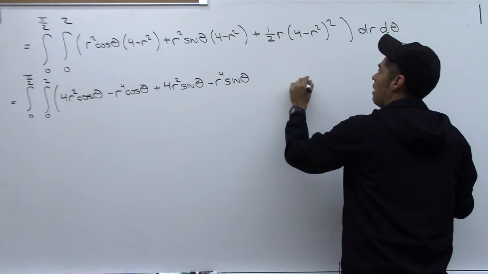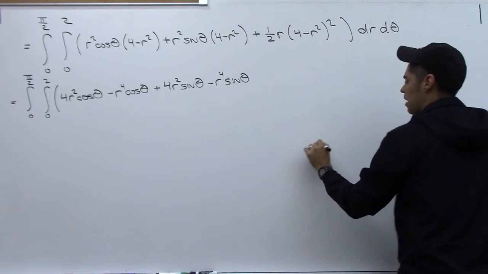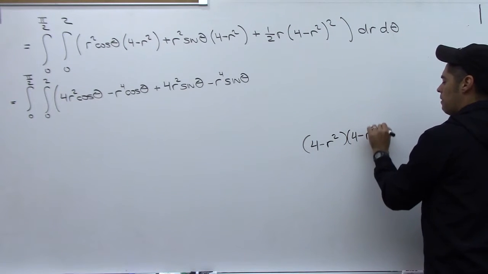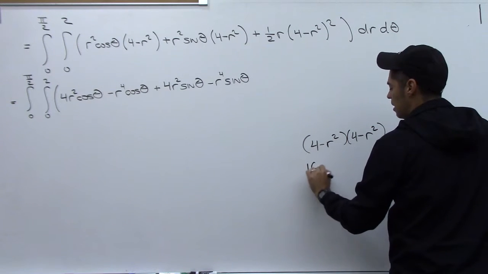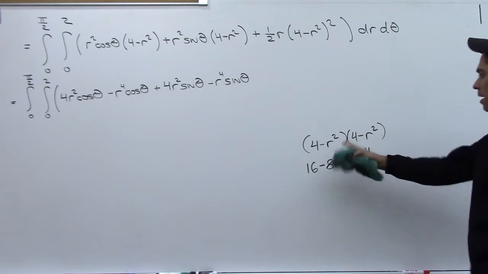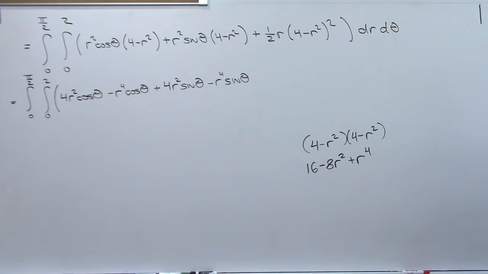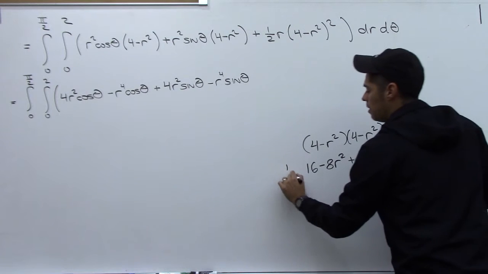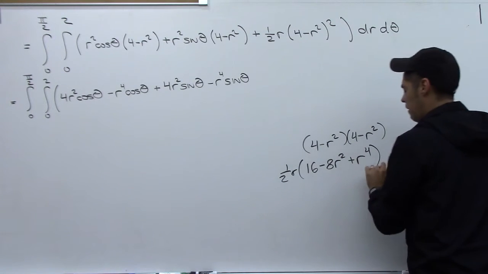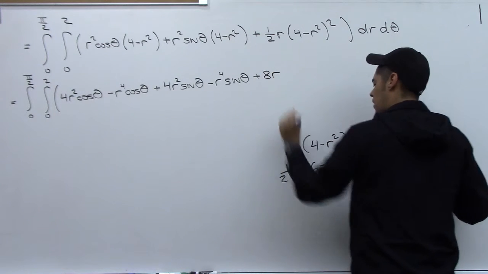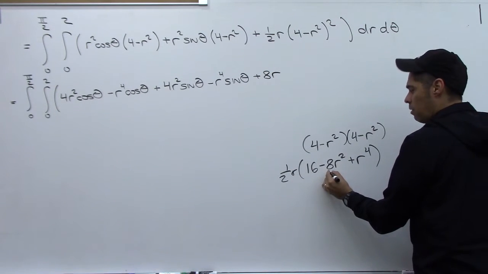Then I expand 4 minus r squared times itself, which gives 16 minus 8r squared plus r to the 4th. Then I distribute this through, multiplying by 1/2 r, so I get 8r and minus 4r cubed.